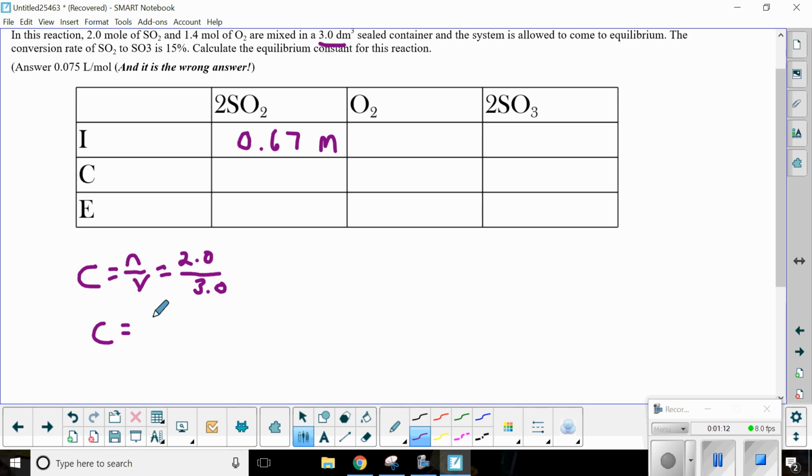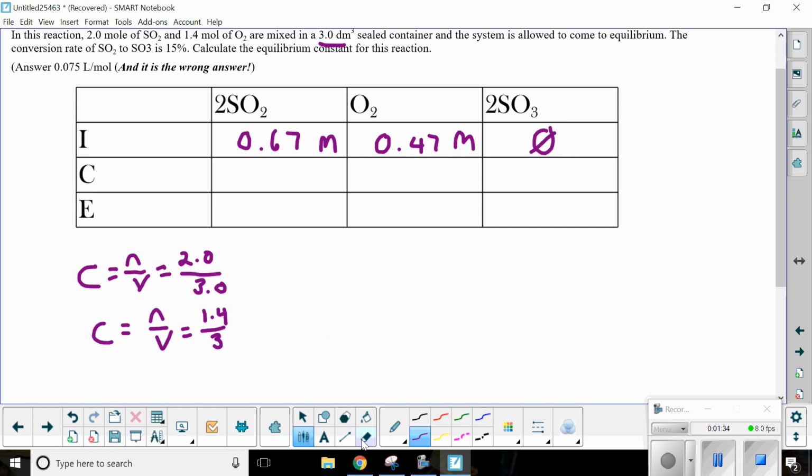Concentration of oxygen is going to be N over V again. It's going to be 1.4 over 3. When I do 1.4 over 3, I get, with 2 sig figs, 0.47 mole per liter. And I have no SO3 to start.